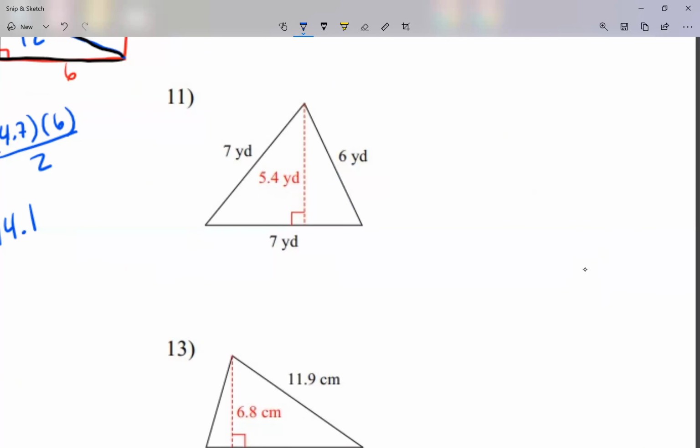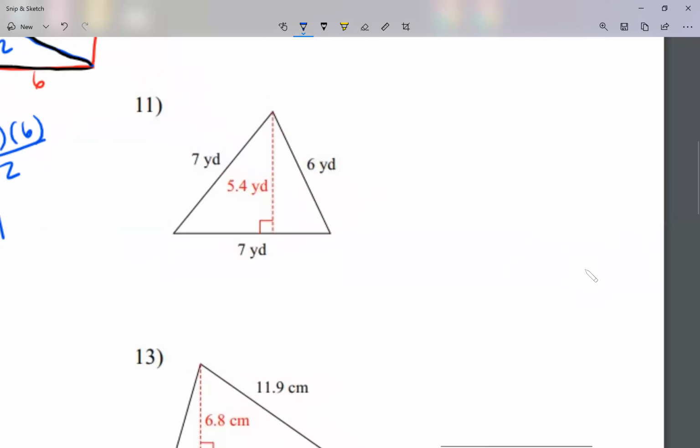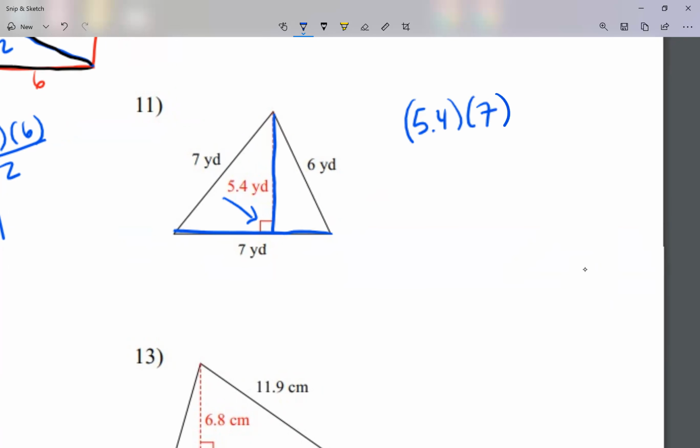Now, number 11, my 90-degree corner is made by 5.4 and 7. So I'm looking at my 90-degree corner. I'm going to multiply those two numbers, 5.4 times 7. Those are the only two numbers. I don't have to use everything else.